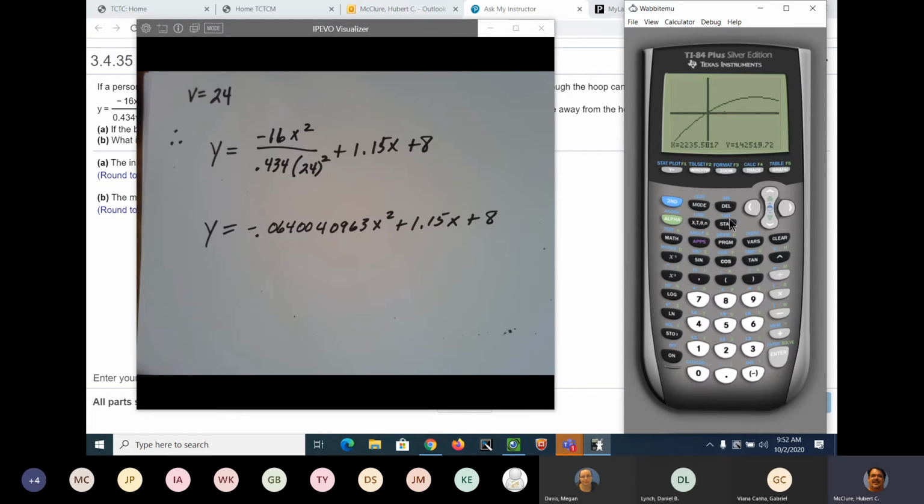There it is. So second trace vertex, which is your maximum, left, right, and my vertex is somewhere in here.